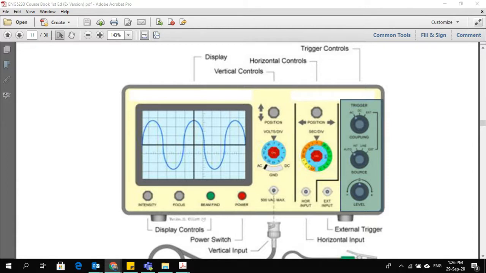Sometimes you see that the waves are repeating in very fast motion and you are unable to visualize them clearly. Trigger controls allow you to stabilize repetitive waveforms, and they can also give you the provision to capture a screenshot of the waveform if it is a digital oscilloscope. If there are too many fast-moving, high-frequency waves, you can use these controls to make the wave look stable and clearly visible on the screen.